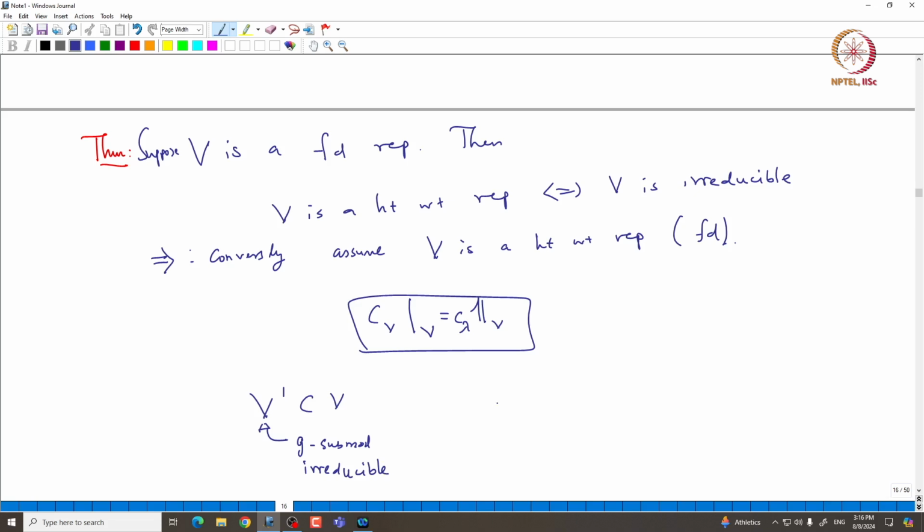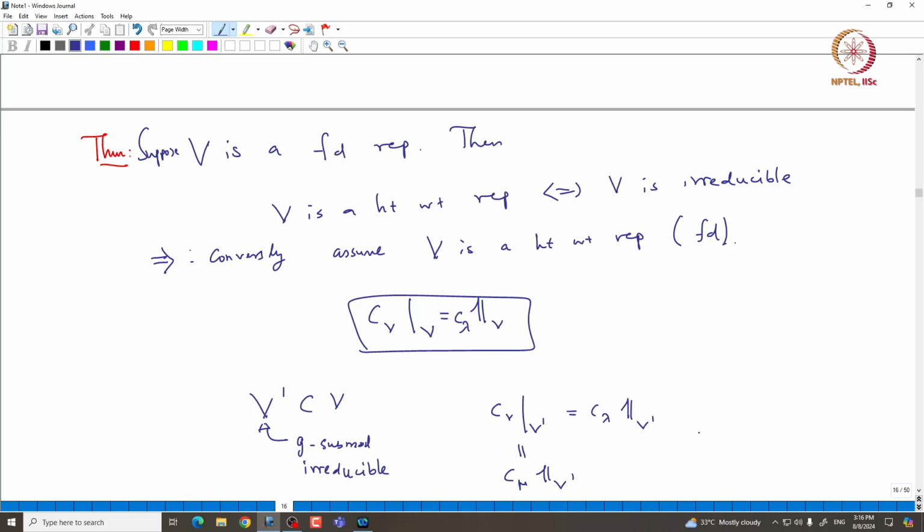So, then you can easily see that the Casimir C restricted to V dash is again C lambda times the identity on V dash. But we already know, using Schur's lemma, that this must act as a scalar, because V dash is irreducible. This implies a highest weight representation of some highest weight mu, then this has to be C mu times the identity on V dash.